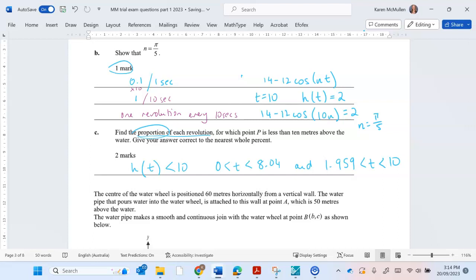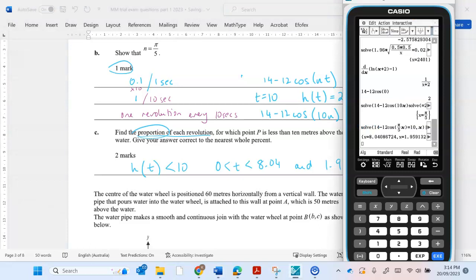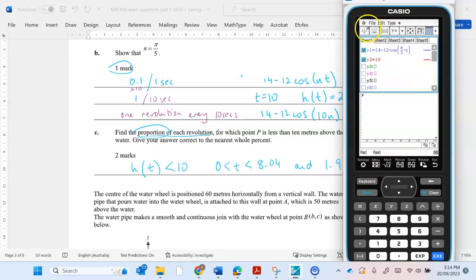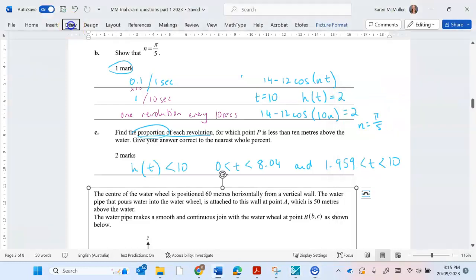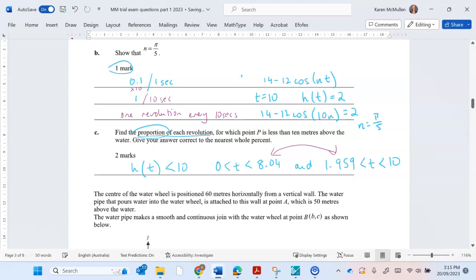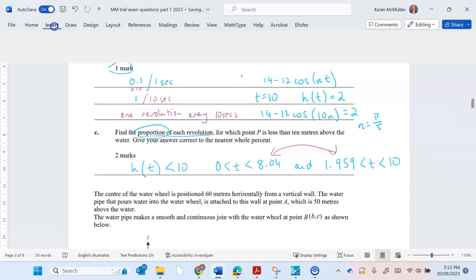We want to know the proportion of time. If we go back to our graph, it's easier to understand. I do not know why the calculator didn't put them in order. These numbers need to be swapped around.